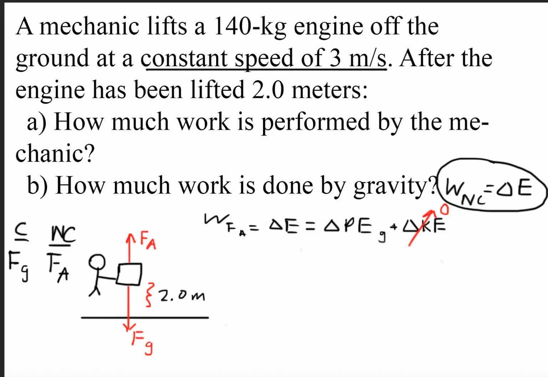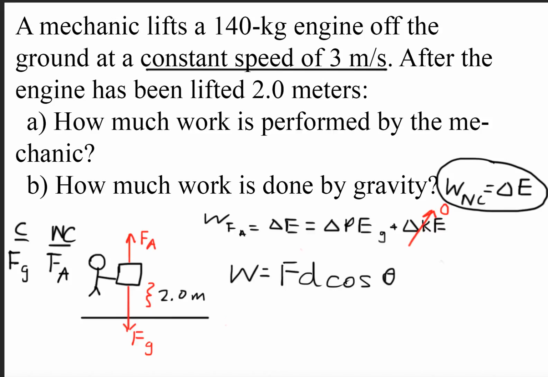Then afterwards, I wrote out the expression, the work done by the applied force. Actually, let me back that up for a minute. After I identified what the non-conservative forces were, I needed to ask myself if these forces do any work. And the way I thought about that was, I have to very quickly think of this equation right here.